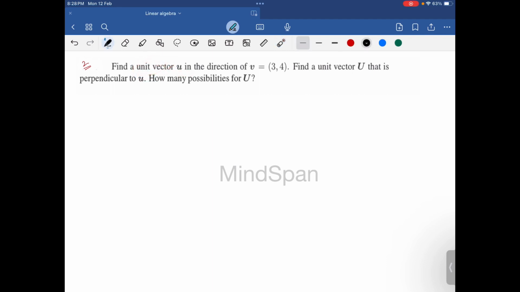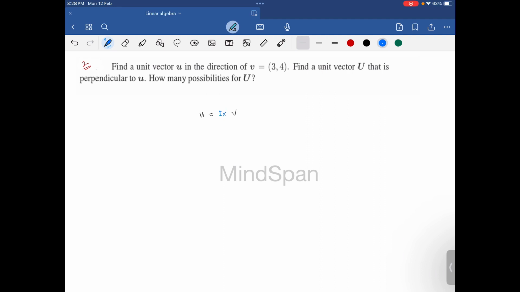So if it is in the direction of v, then this u will be in the direction of v, and this u is also a unit vector. That means what we are going to do, we are going to make this a unit vector. And how can we do that?